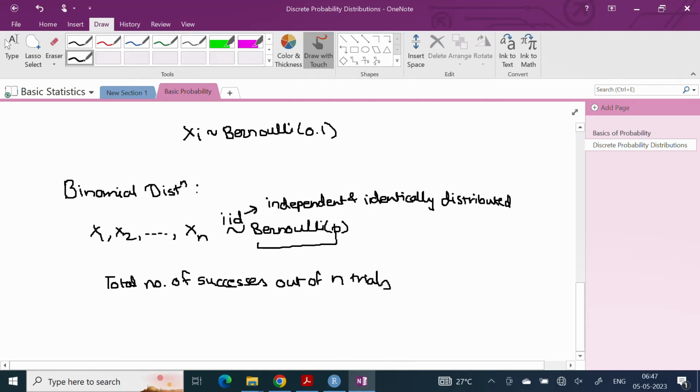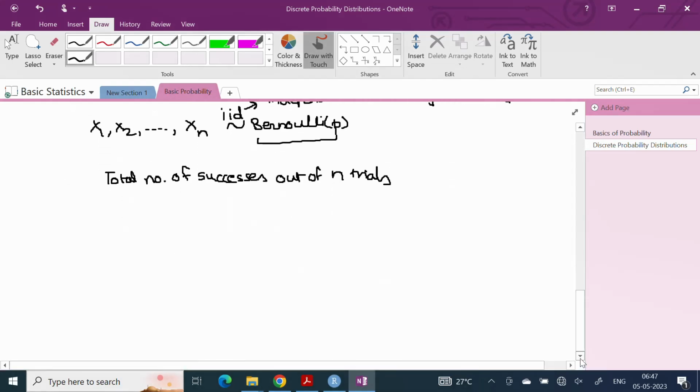Because each xi is denoted by 0 or 1, I'll define y, which is the sum of xi's. If xi is 1, it has to be counted; if xi is 0, it doesn't need to be counted. That is achieved by y.